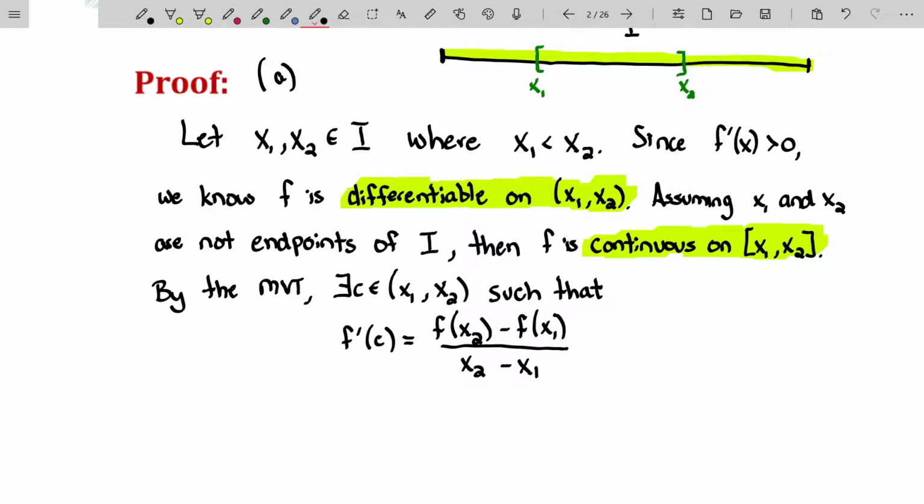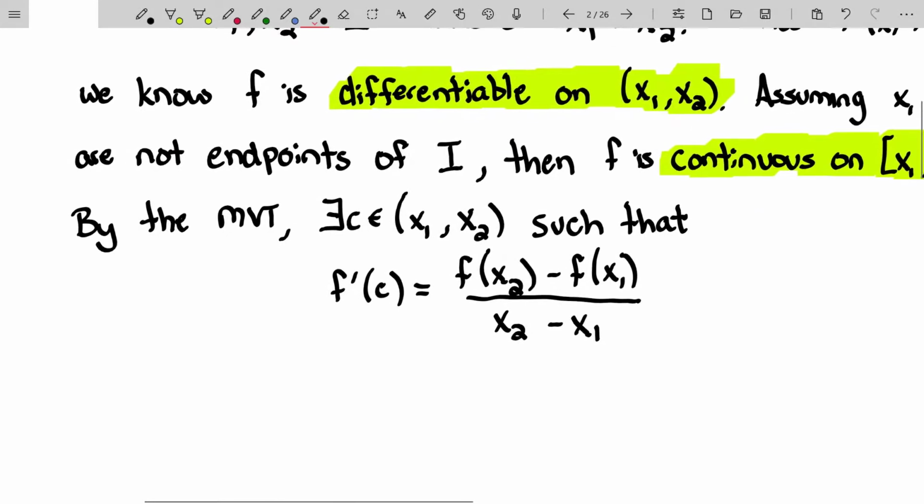Well, by the mean value theorem, there exists some number between x1 and x2 such that f prime, or the slope of the tangent line at that point, is equivalent to the slope of the secant line connecting x2 comma f of x2 to x1 comma f of x1. So there you go, we have that.